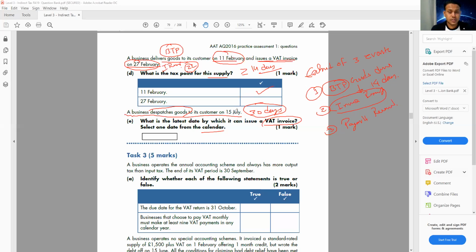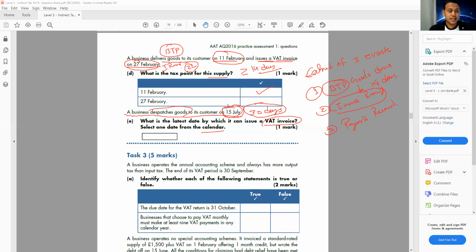So we start counting from 15. Remember, start counting from 15. We don't count from the next day, be very careful with me. We actually count from 15, for the next 30 days.